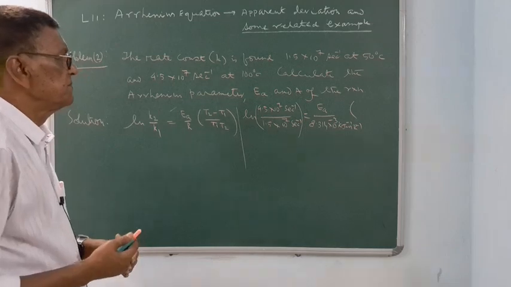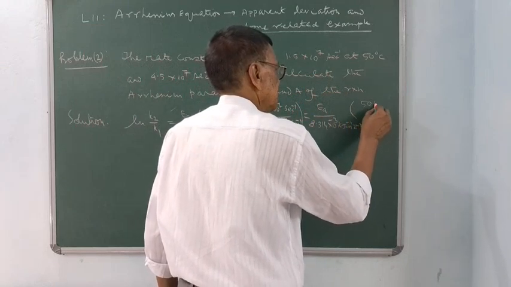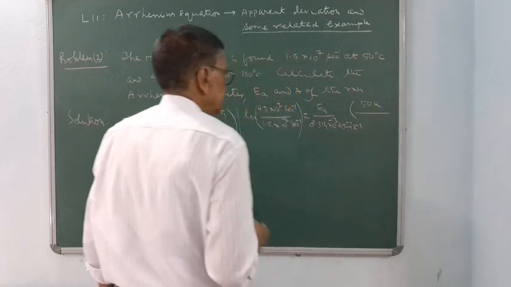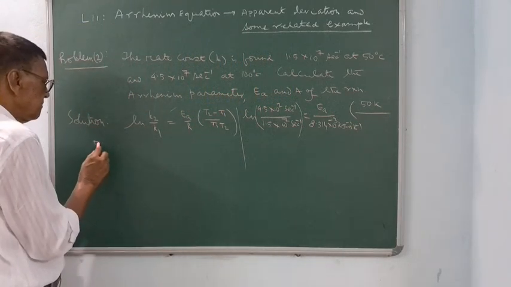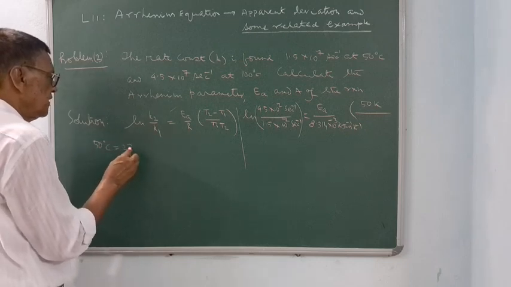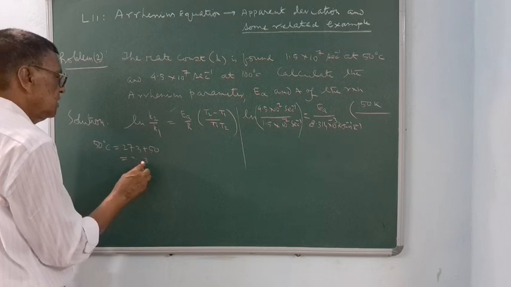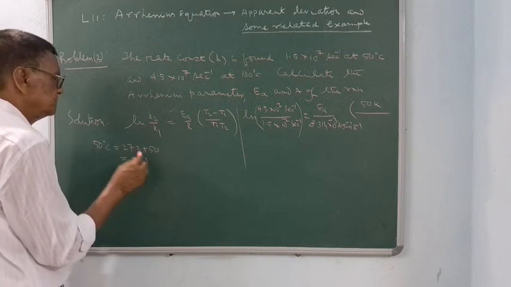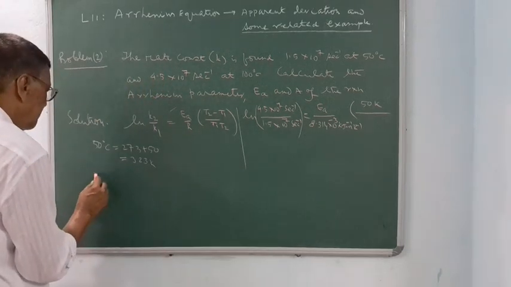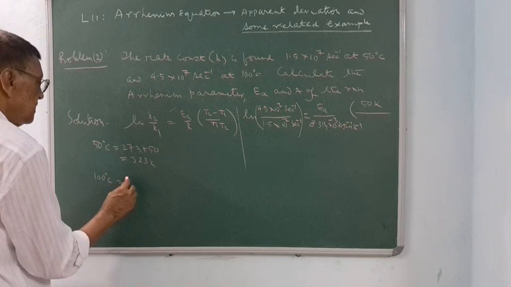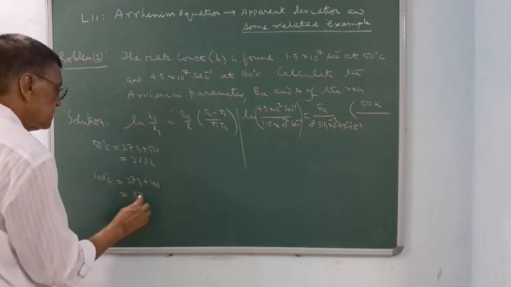Here the temperature difference 100 minus 50 in centigrade is also 50 Kelvin, and for the denominator, 50 degrees centigrade equals 273 plus 50, equal to 323 Kelvin, and 100 degrees centigrade equals 273 plus 100, equal to 373 Kelvin.